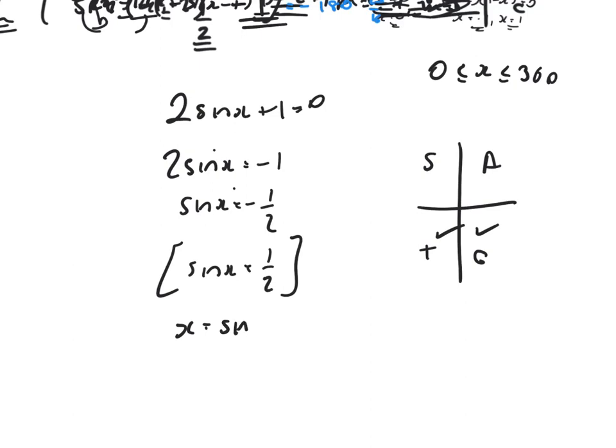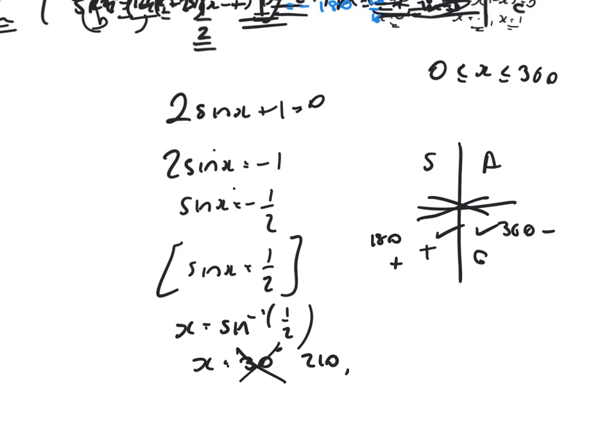So x equals sine inverse 1/2, that's 30 degrees, but I'm in the tan and cosine quadrants. In the tan quadrant that's going to be 180 plus the angle of 30, that's 210, and in the cosine quadrant 360 take away the angle of 30, which is 330, final answer.